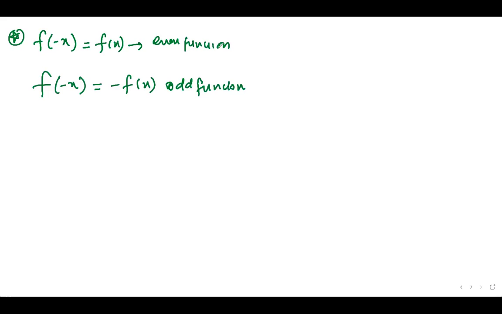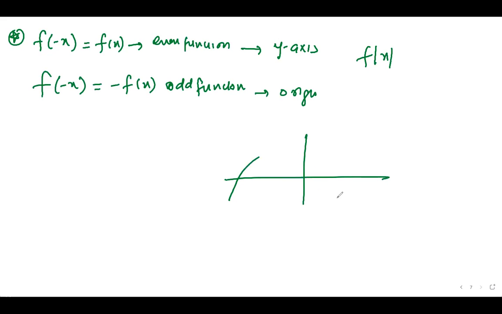Odd functions are generally symmetric about the origin, and even functions are symmetric about the y-axis. And f of absolute value x is always an even function because it is always going to be symmetrical about the y-axis. If you are sketching f of absolute value x, this is how it's going to be.